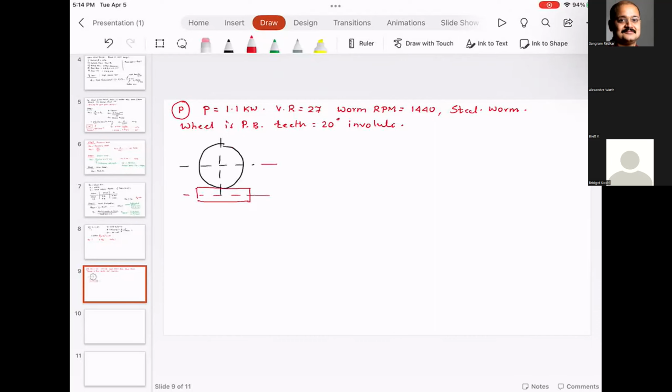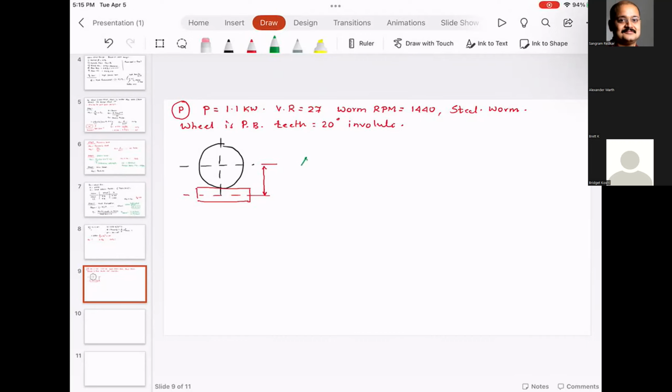So this distance will be specified. But in this particular problem, the center distance is not given. So what that means is we have a lot more flexibility in designing the worm and wormwheel.